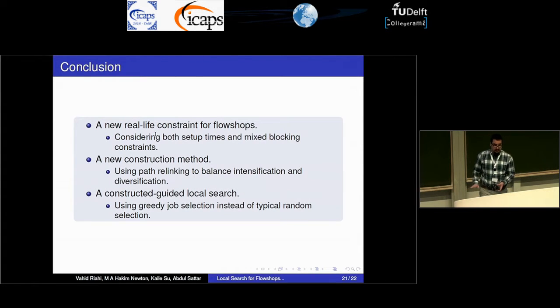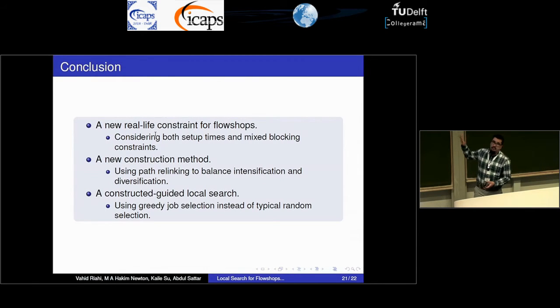Just as a conclusion, a new real-life constraint for Flowshop is proposed, considering both setup time and mixed blocking. A new construction method is proposed using path relinking, and a constraint-guided local search is proposed that, unlike many works in the literature, injects the constraint in the search as well.